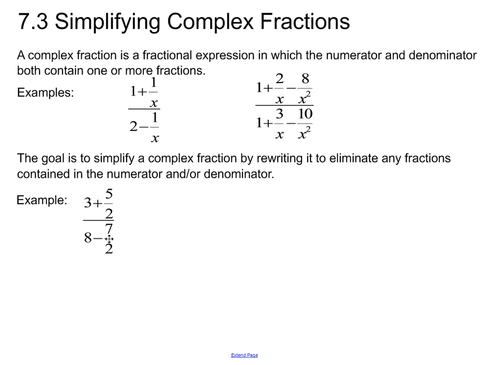I've got 3 plus 5 halves over 8 minus 7 halves, and I want to simplify that. There are actually two methods. I'll show you the longer method, which goes a little bit like this.